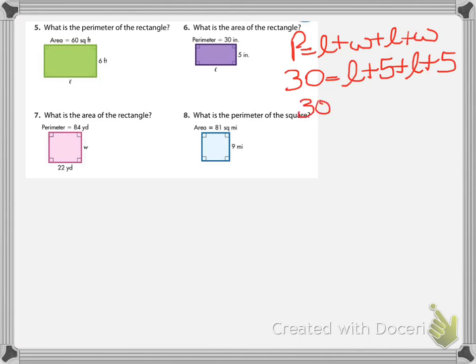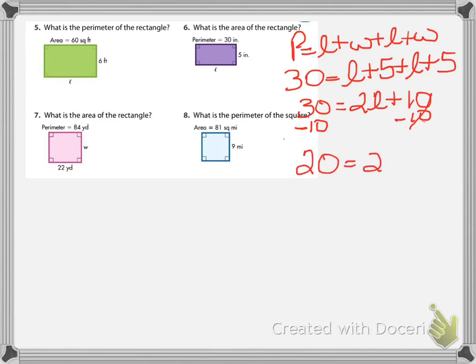So the 30 is going to stay the same. L plus L is 2L plus 5 plus 5 is 10. And I'm going to subtract 10 and subtract 10. Because remember, I'm going to do to both sides. Kind of like fractions. Whatever I do to the top, I do to the bottom. Well, in this case, it's whatever I do to the right, I do to the left. Or whatever I do to the left, I do to the right. And they cancel each other out. 30 minus 10 is 20.